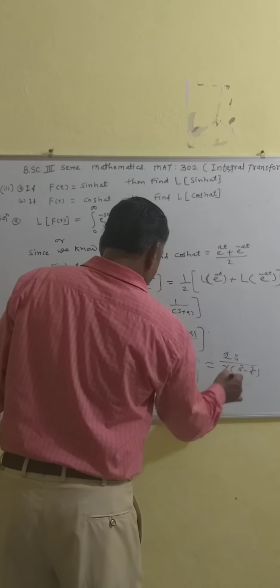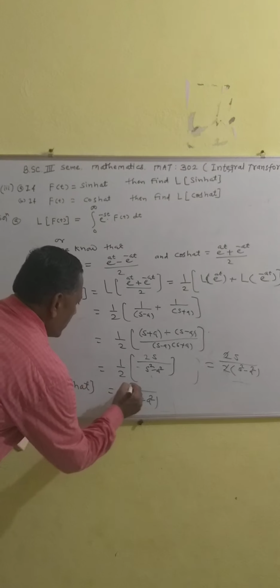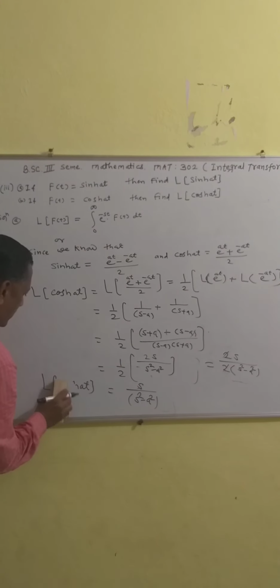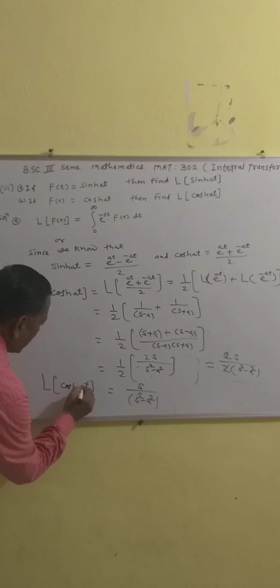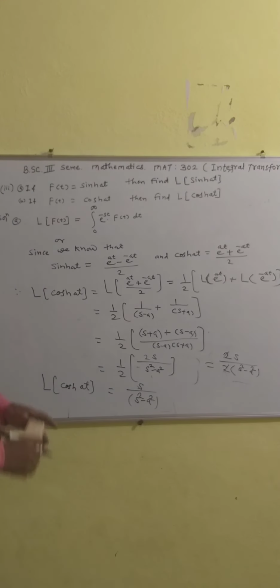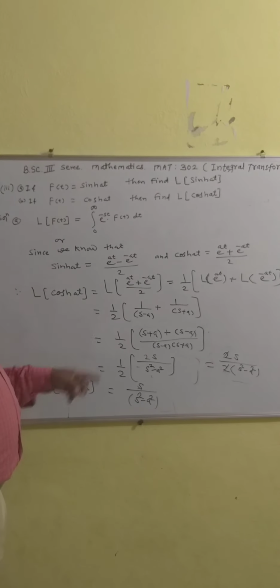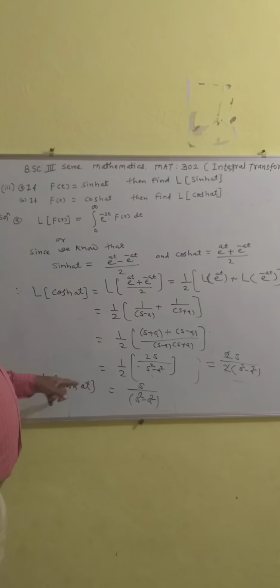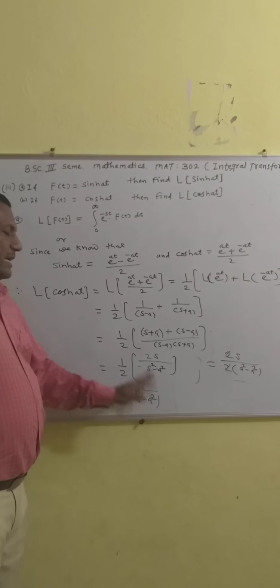So 2 cancels, therefore s upon s square minus a square. So this is the Laplace transform of cosh at. So you remember the Laplace transform of sinh at is equal to a upon s square minus a square, and the Laplace transform of cosh at is equal to s upon s square minus a square.